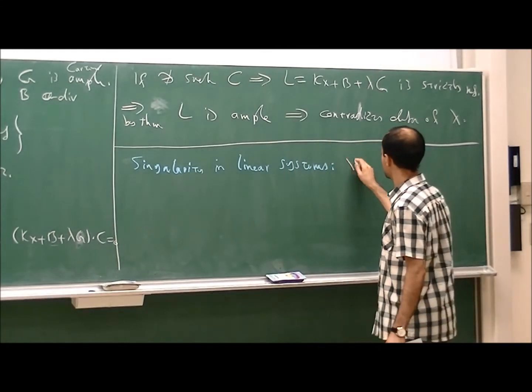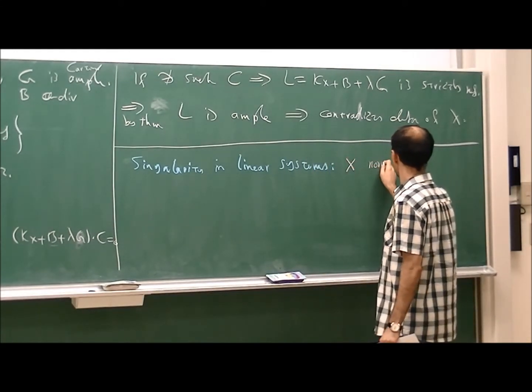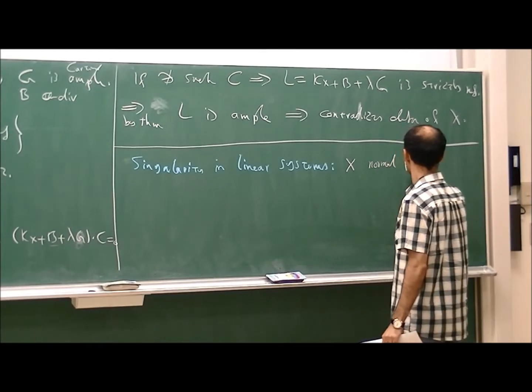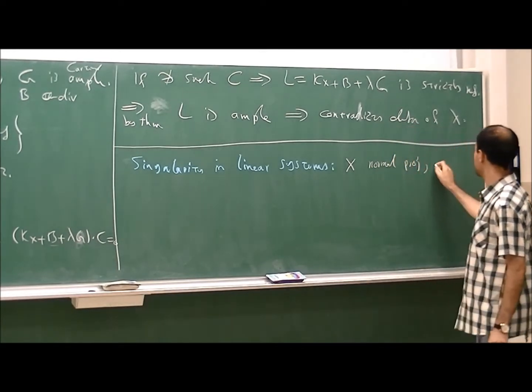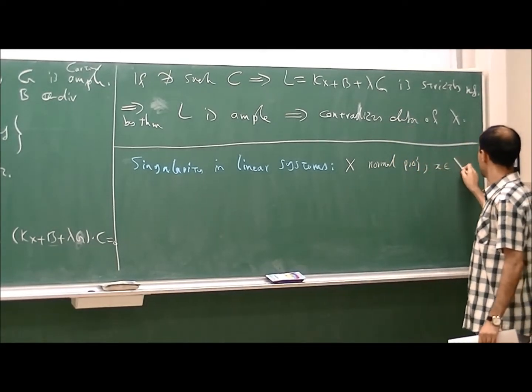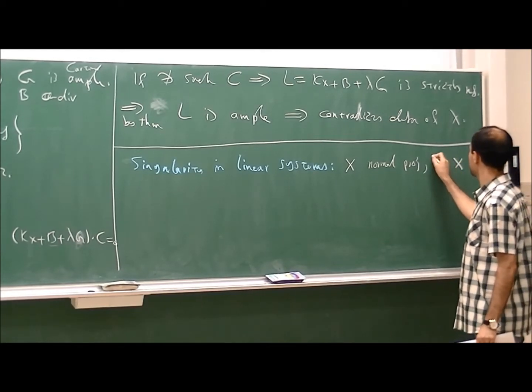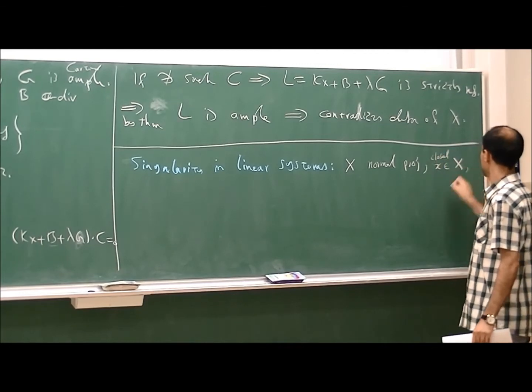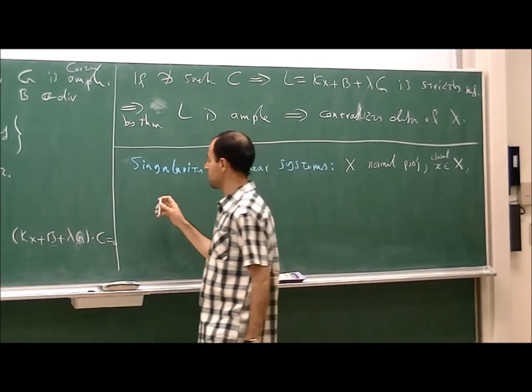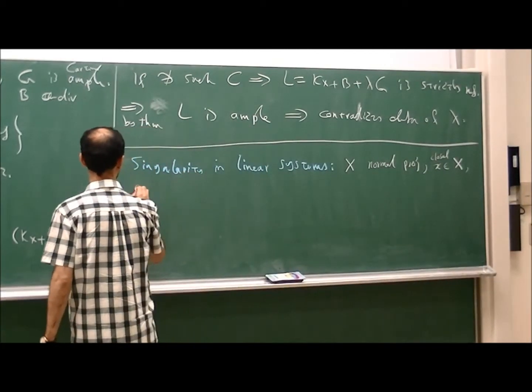Suppose that X is normal and projective, and suppose that we fix a point, let's say a closed point in X, and suppose that we also have some Cartier divisor.